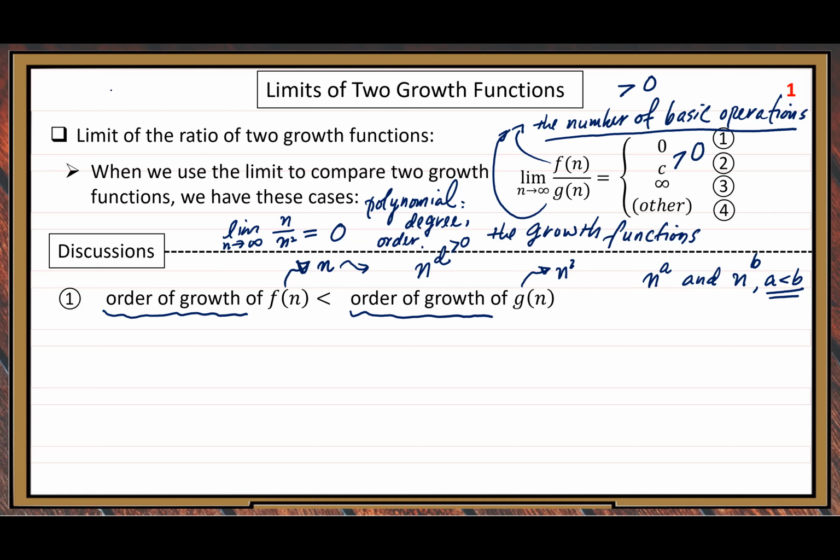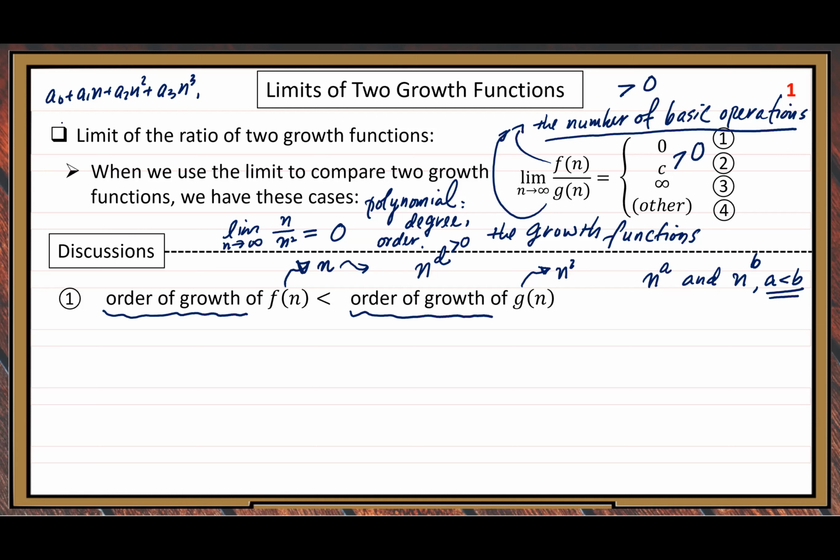Let me consider a0 plus a1 n plus a2 n squared plus a3 n cubed. This is a cubic polynomial.